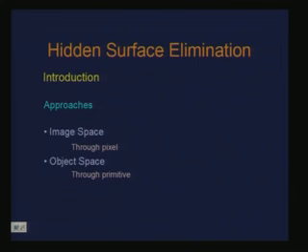The other approach is the object space approach, where you look among the objects in the scene, or the parts of the objects, to see which portions are visible or which objects are occluding other objects. The computation you are performing is in object space.